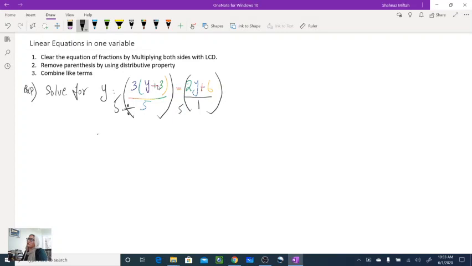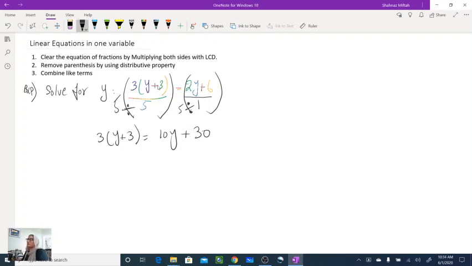When I multiply 1 with this numerator, it gives me the numerator back, doesn't change anything. When I divide these two, it gives me 5, and you multiply 5 with the top. So I have 10y, 5 times 2y is 10y, 5 times 6 is 30.